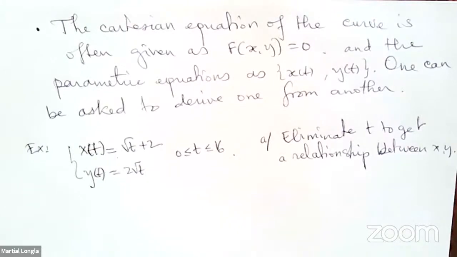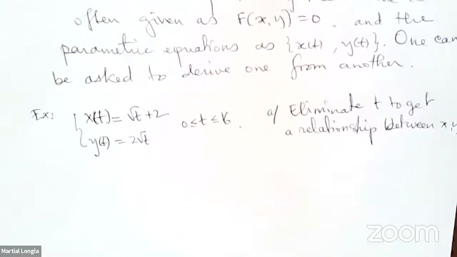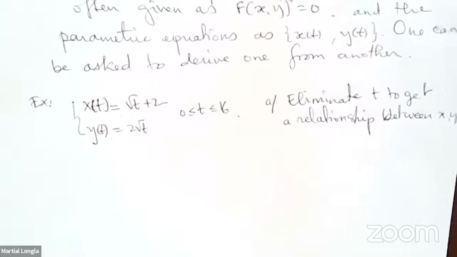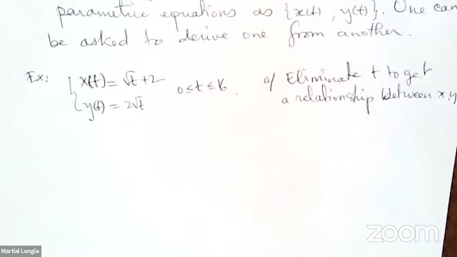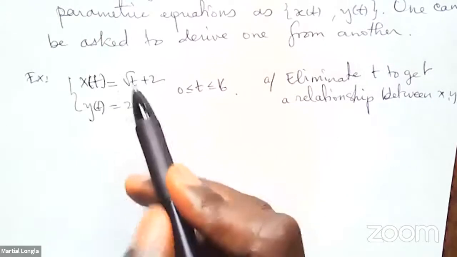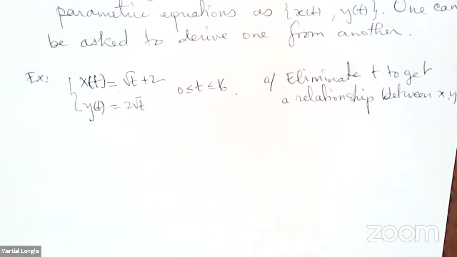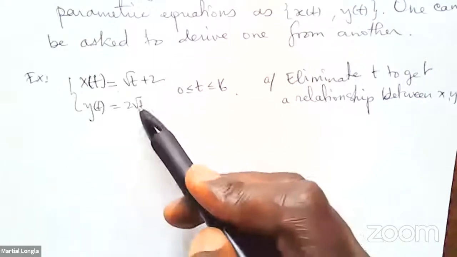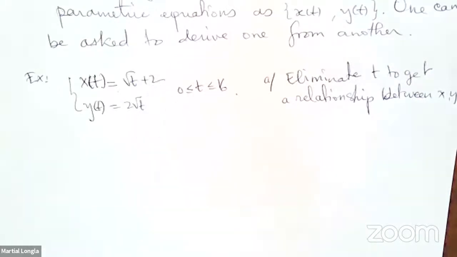So how do we answer this question? What you need to do when possible is to solve for t in one of the equations and plug into the other one. Otherwise, you need to use the properties of the two functions that are here and find a way to exclude t. There is really no general way of doing that. That will depend on your skills, what you know of calculus.